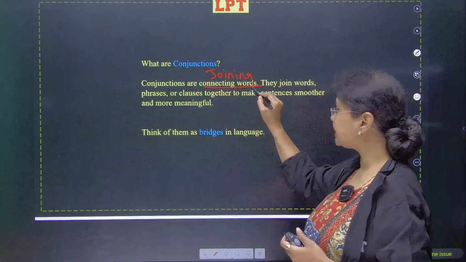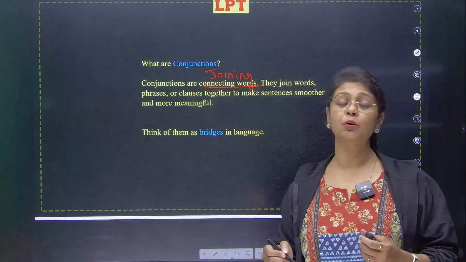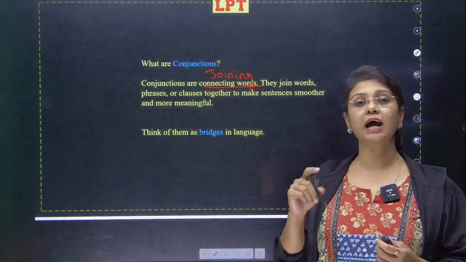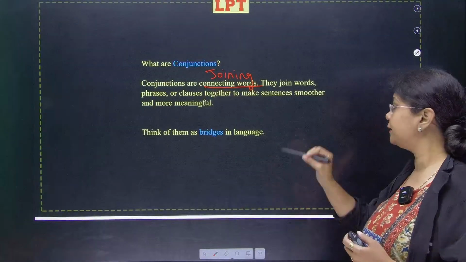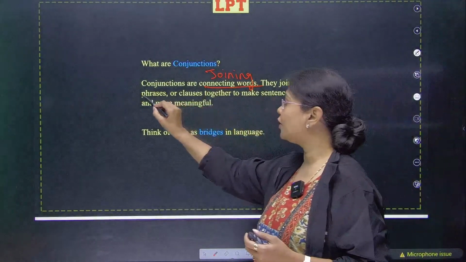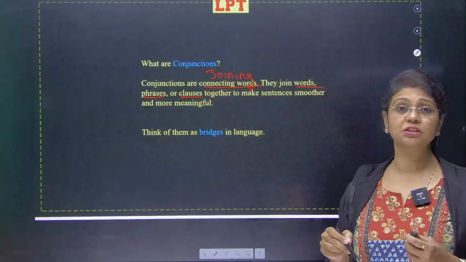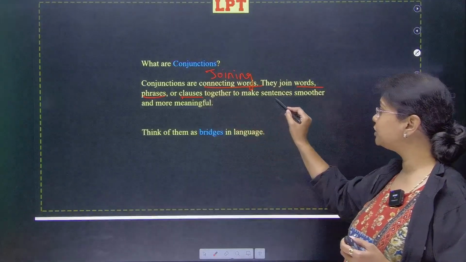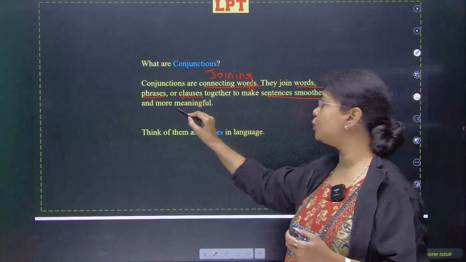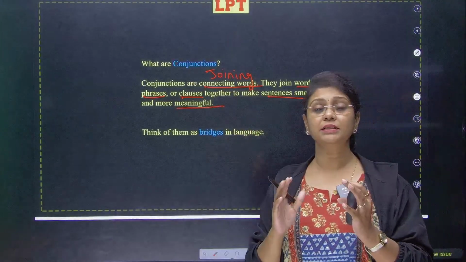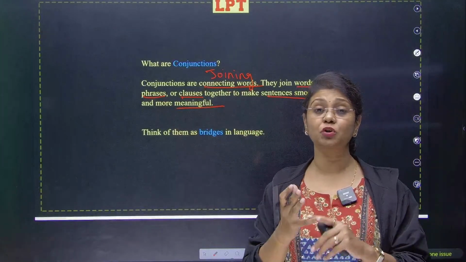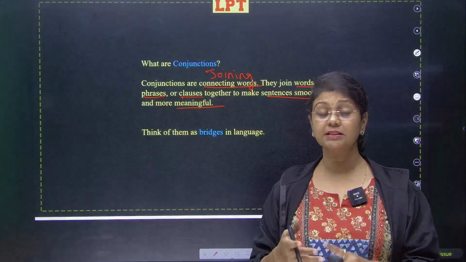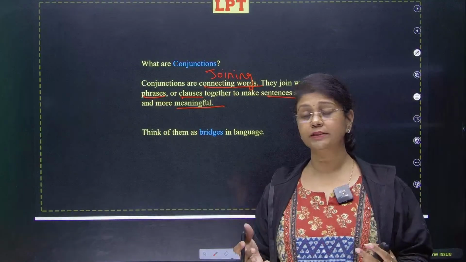The easiest interpretation I can tell you is that conjunctions are joining words, and what do they join? They join words, they join phrases, and they join clauses together to make sentences smoother and more meaningful. Just remember, conjunctions are joining words, they join phrases, they join clauses, or they join sentences.